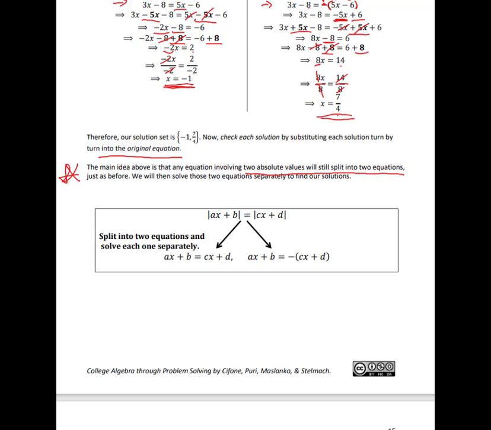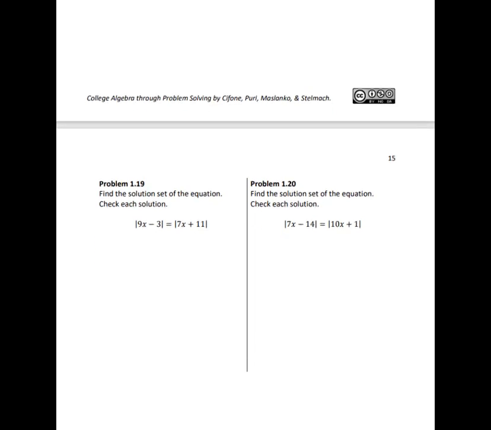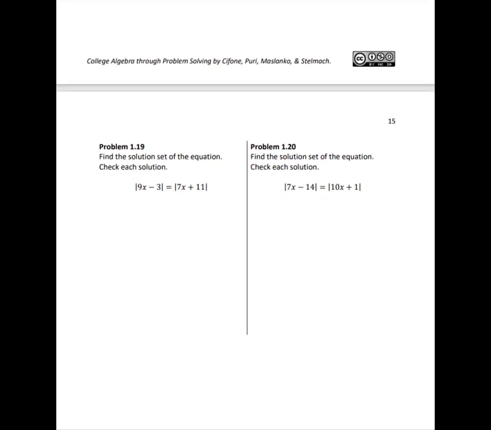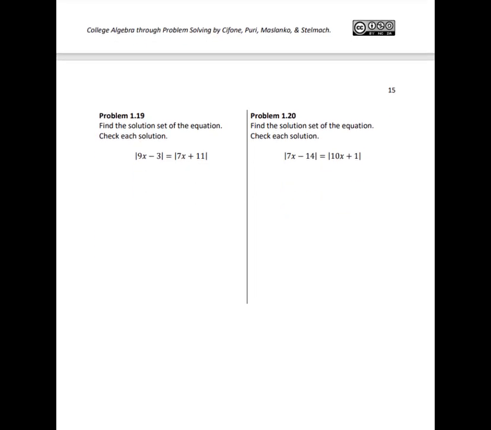So if you have the absolute value of ax plus b equals the absolute value of cx plus d, you're going to split this into ax plus b equals cx plus d, and ax plus b equals negative quantity cx plus d. Now let's take a look and solve problems 1.19 and 1.20.